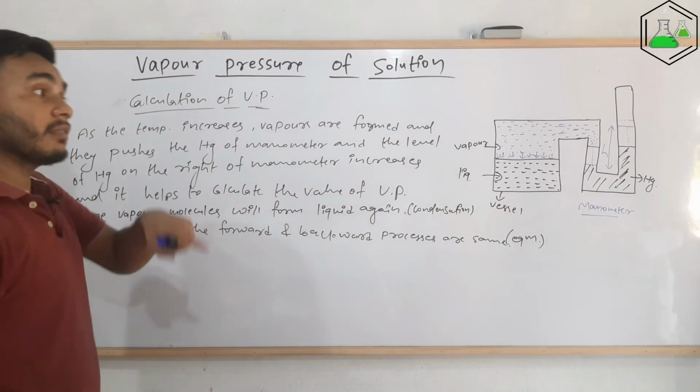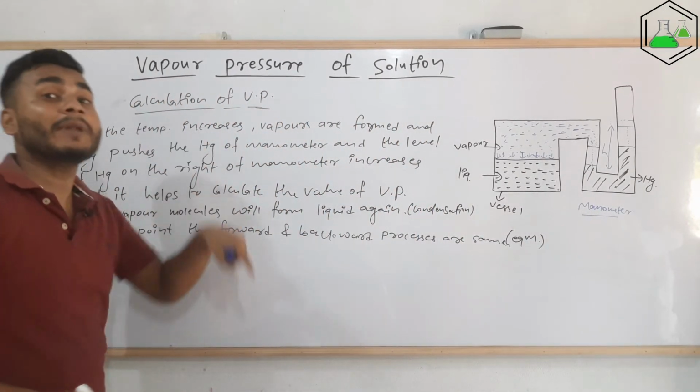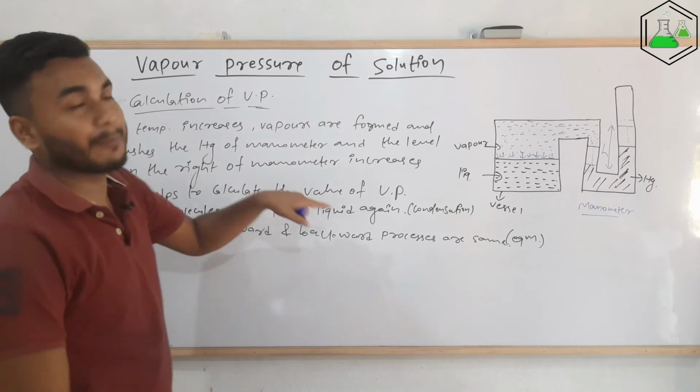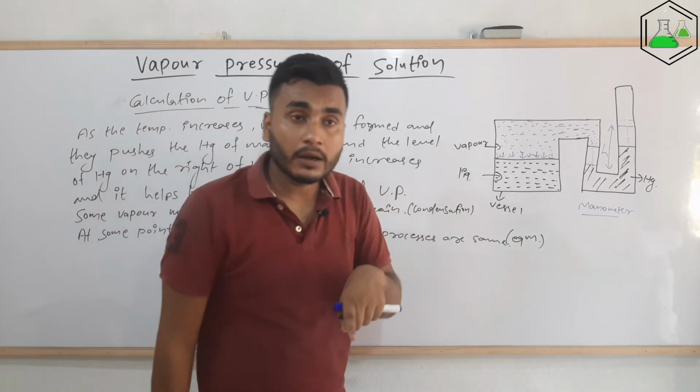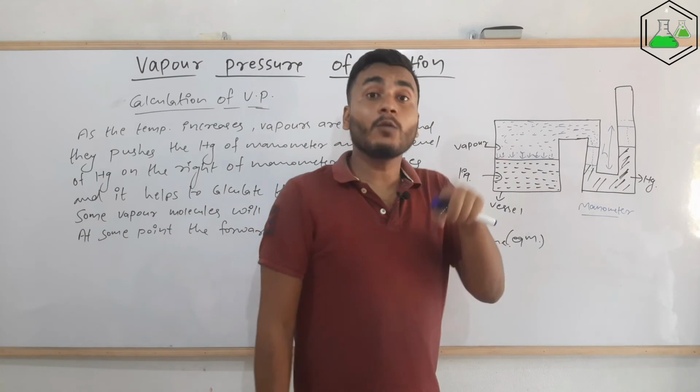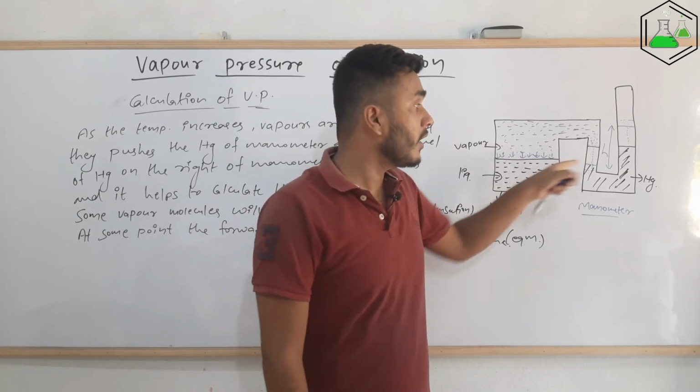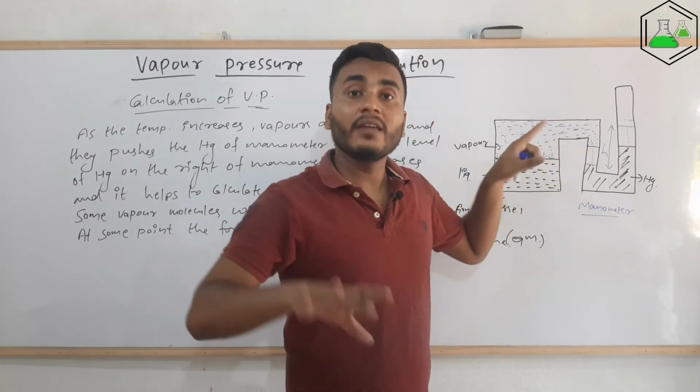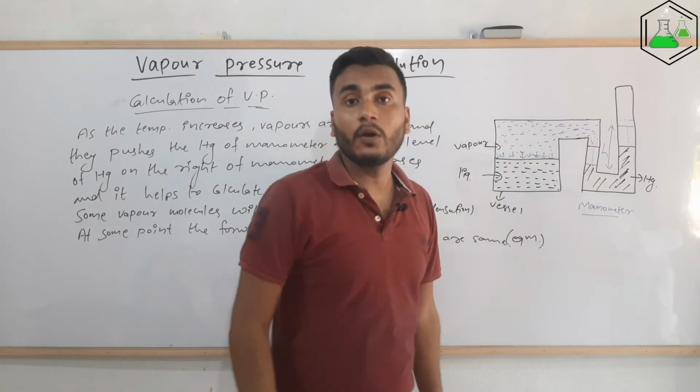Now the pressure, that is the vapor pressure at equilibrium condition, is actually called the vapor pressure. Okay, the pressure applied by the vapor at equilibrium condition. At equilibrium condition, the vapor pressure will be the same, that is the level of mercury will not change.